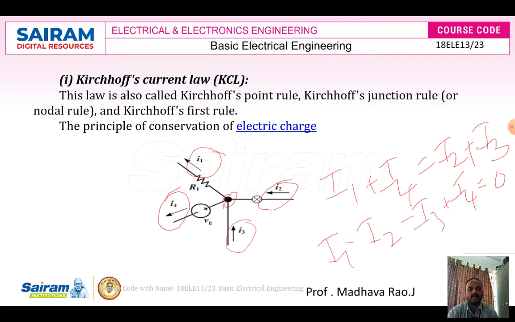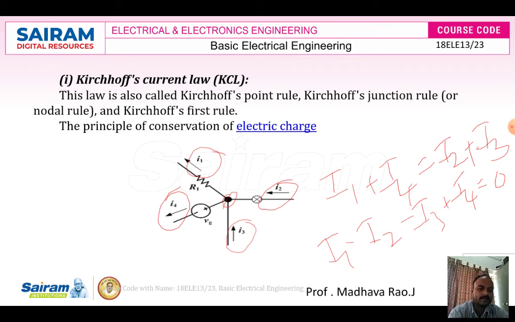You can also simply state that sum of incoming currents is equal to sum of outgoing currents at any junction in any network. KCL is the principle of conservation of charges. This diagram you have to draw.